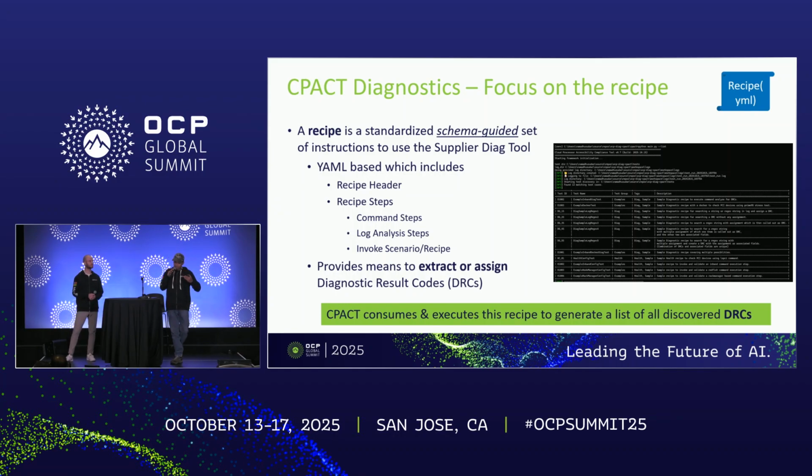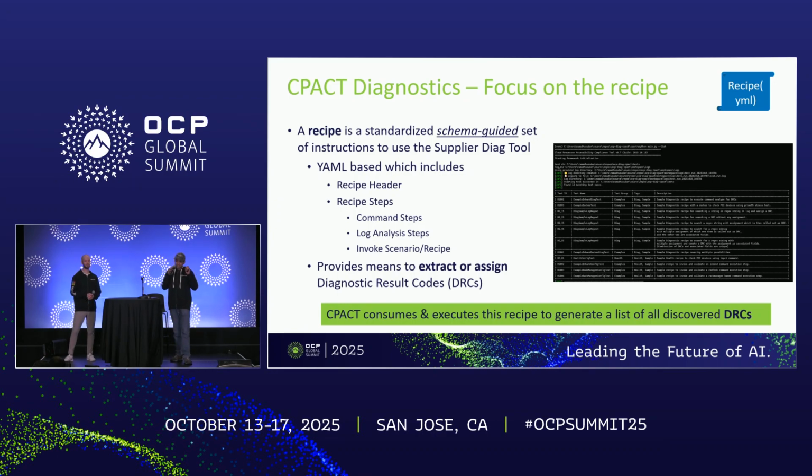And also, it'll be followed by a set of sequential steps, which could be one of three types. It could be a command execution step. It could be a log analysis step. Or you could potentially also invoke other scenarios. Imagine a nested set of recipes, right? Where you have a hyperscaler recipe invoking an integrator recipe, which in turn invokes probably a supplier-generated recipe. All of them written in a standardized way.